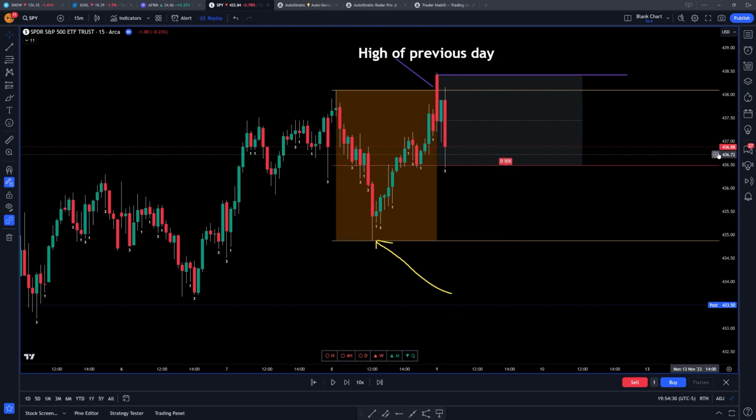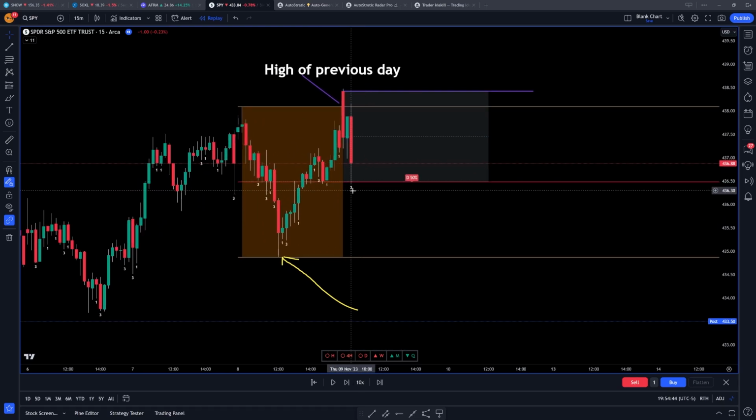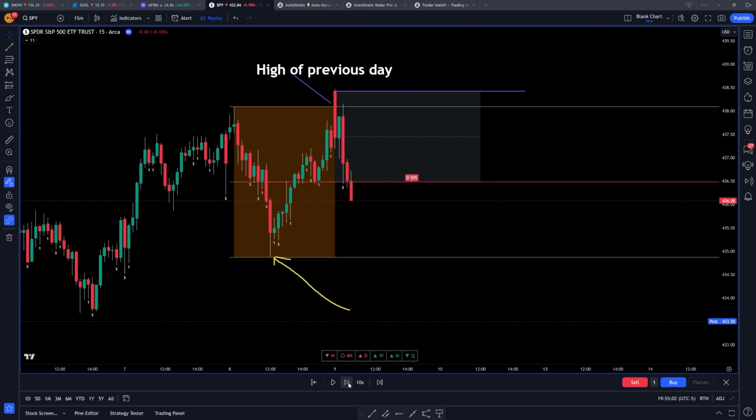In this case, with SPY, we could drop $3 from here. Understand? So the moment later in the day that we cross back below the daily 50% level, that would be our entry. Where are we going, right? Down.